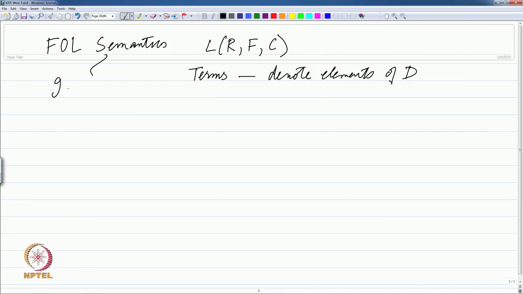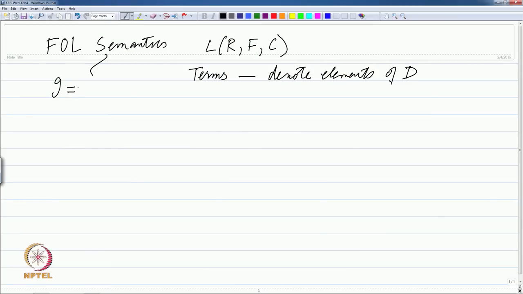We are saying that there is an interpretation I of a set of sentences. So, you are saying some sentences in this language and what do they mean essentially. That is one side of semantics, as to what does a sentence mean, and the other side is of course whether those sentences are true or not. And the interpretation in first order logic is always in terms of a domain D and a mapping I essentially.